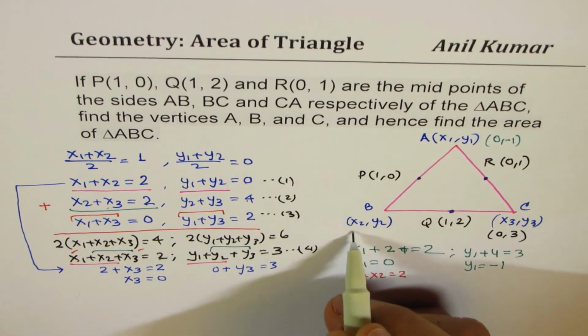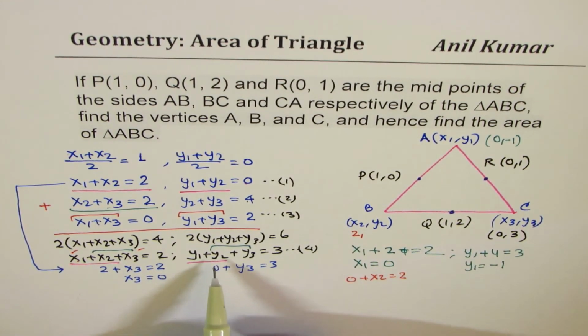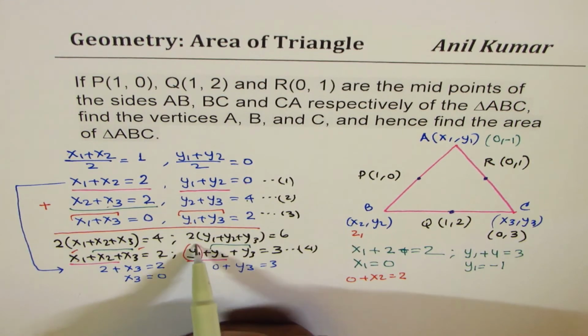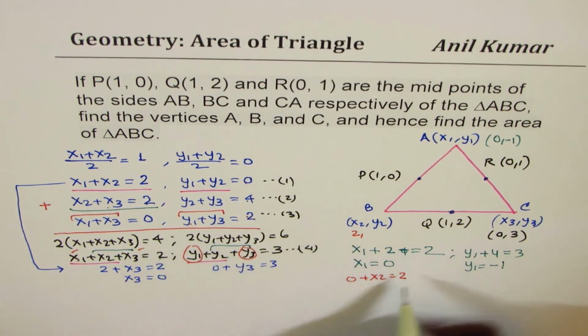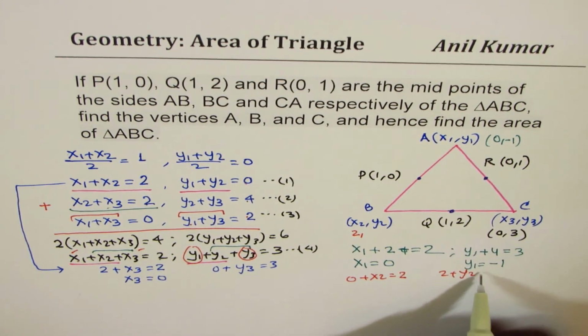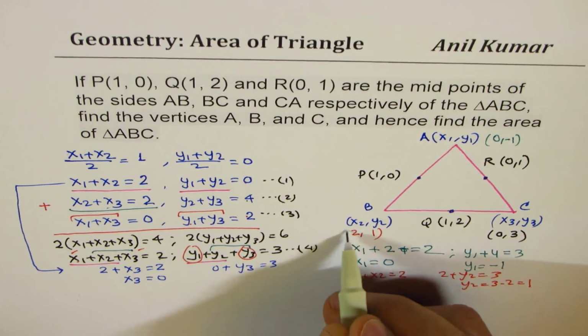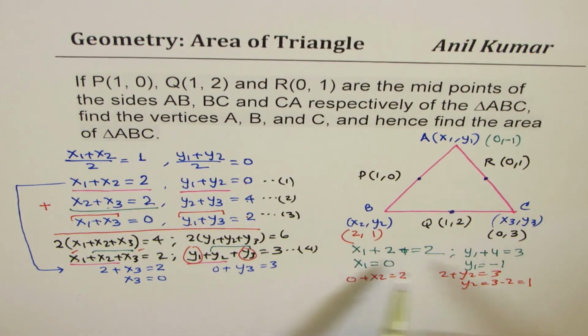So x2 is 2 for me, correct? And in this case, y1 plus y3 is 2. So that means this and this is 2. So I got 2 plus y2 equals 3, or y2 equals 3 minus 2, which is 1. So I got this coordinate. Do you see that? So we get all the three coordinates using this method.